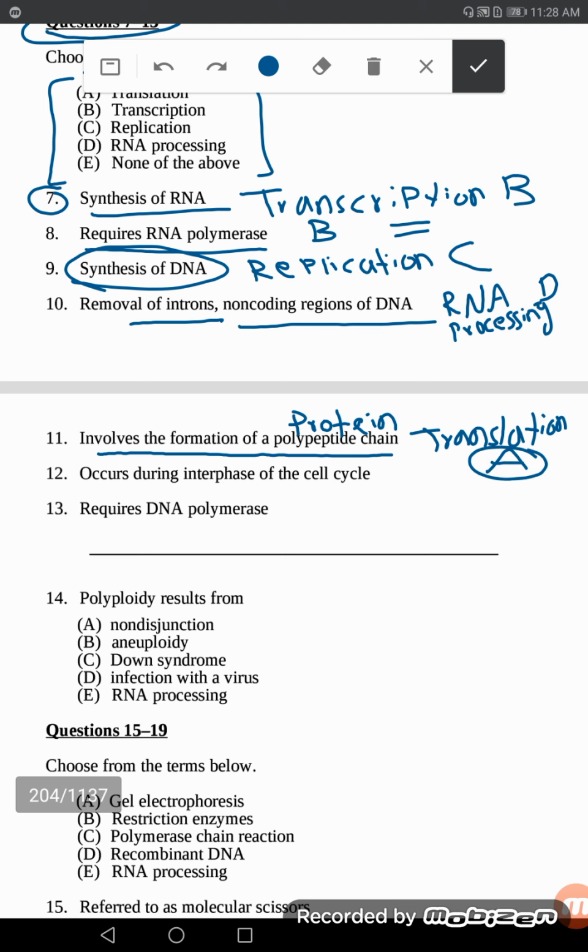Occurs during interphase of the cell cycle. So which process occurs during interphase? Interphase means G1, S, and G2. During the S phase, which is included in interphase, the process of replication occurs.